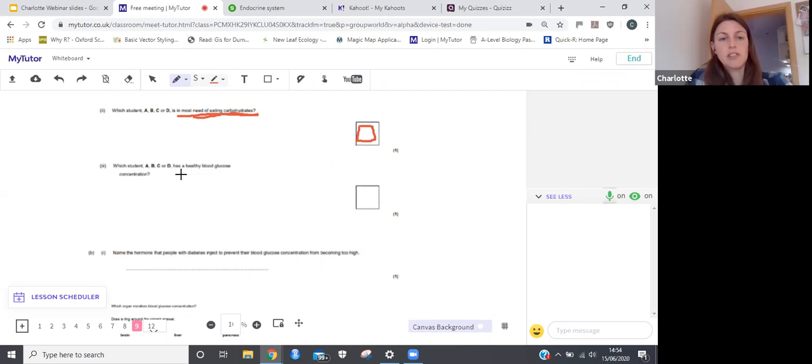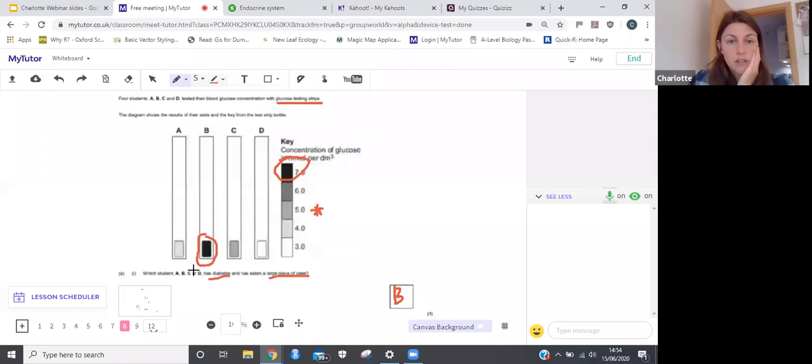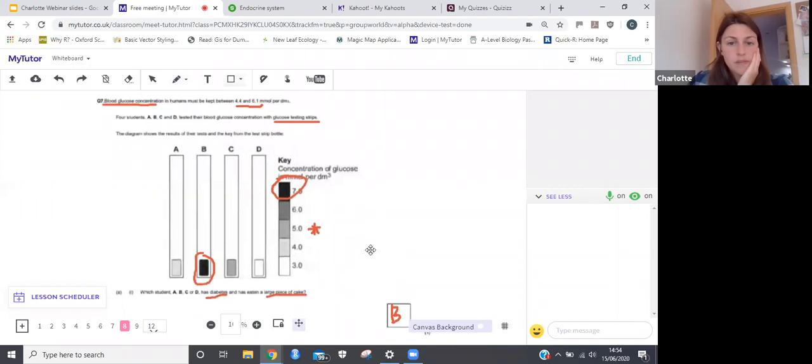Which student, A, B, C, or D, has a healthy blood glucose concentration? Again, I'll switch back. Remember, they did say in the question what a healthy blood glucose concentration was. There we go. It's at the top there. So which one has a healthy blood glucose concentration?